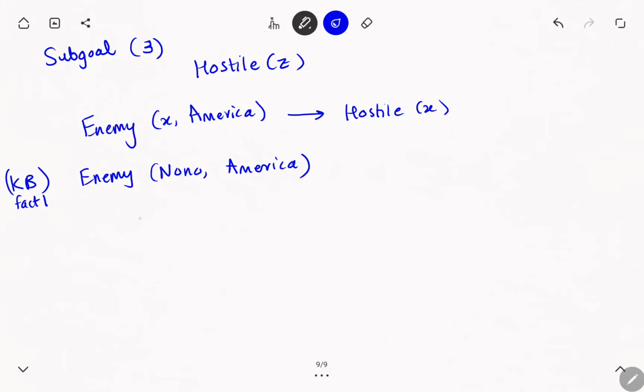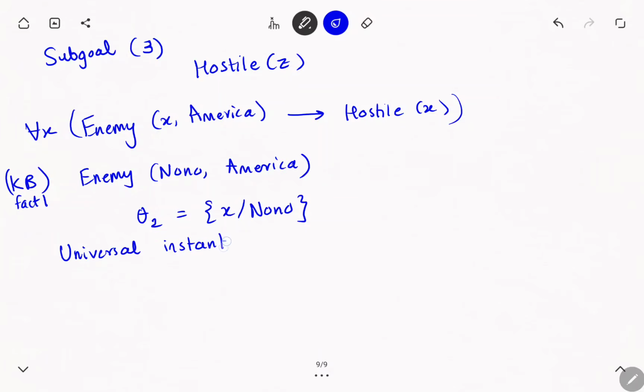Okay, so therefore what we'll use is the substitution theta 2. This is x is substituted by Nono. When you do that, again, left hand side will be enemy Nono comma America, and this is for all x. So you are also using universal instantiation every time you are using substitution.